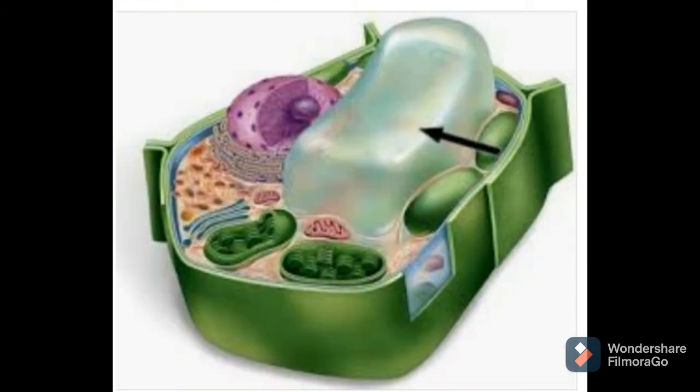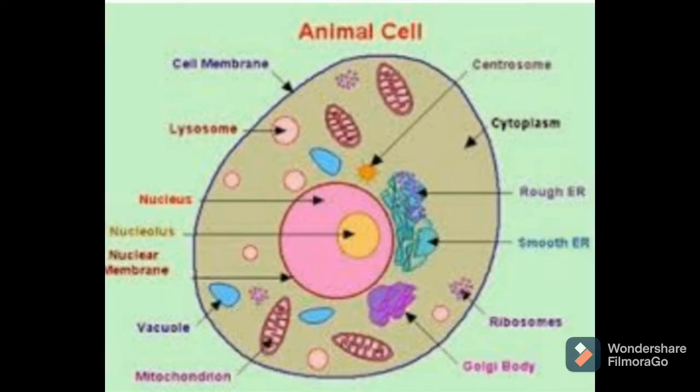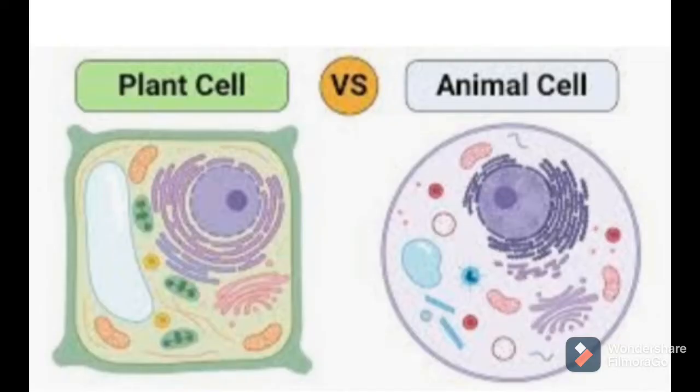In a plant cell and also in an animal cell, these vacuoles behave like a storehouse: whatever is present inside the cell which is no longer in use is stored in the vacuoles. In my previous video lecture we studied lysosomes.